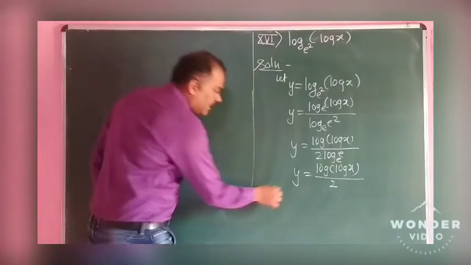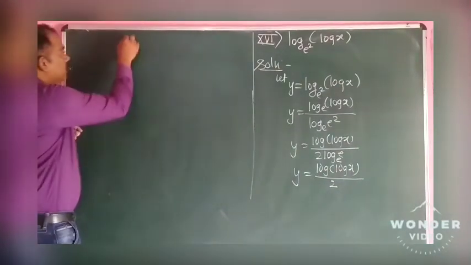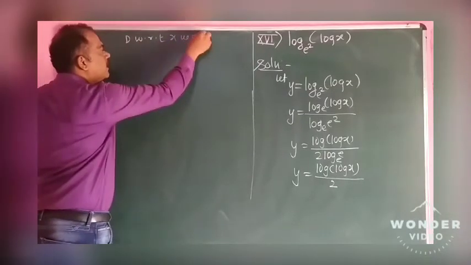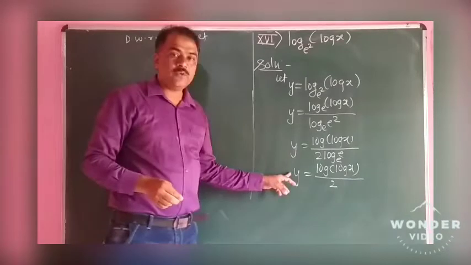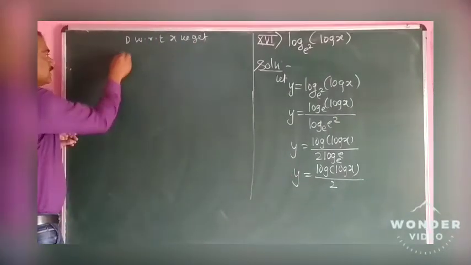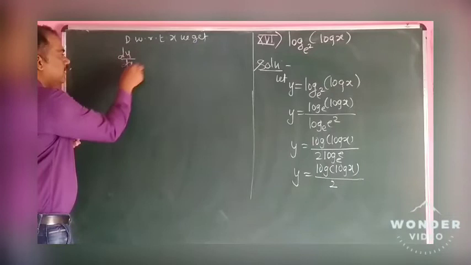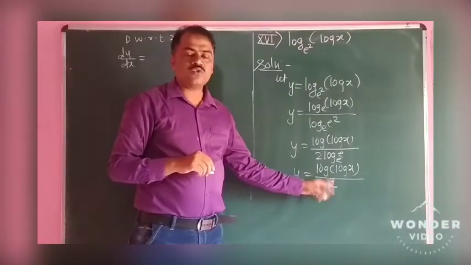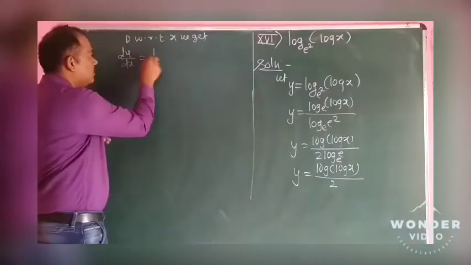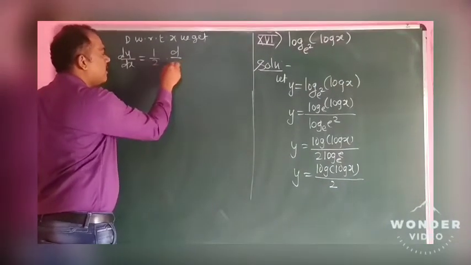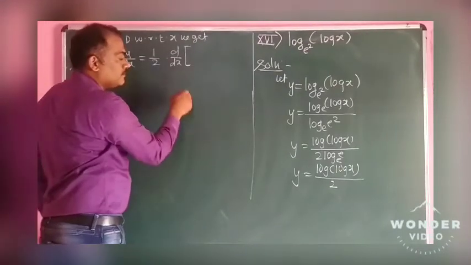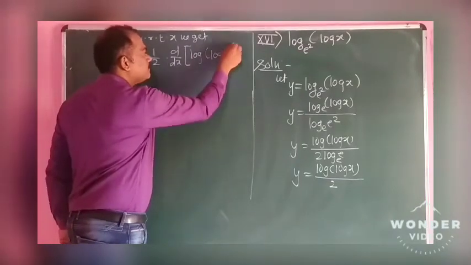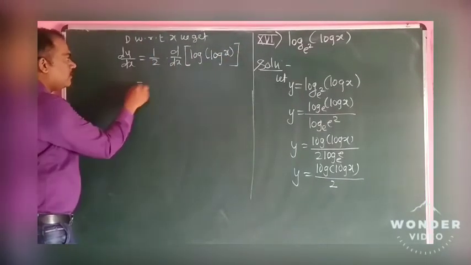Now we have to differentiate with respect to x. Differentiating y with respect to x, we get dy by dx is equal to 1 upon 2, which is a constant, so we take it outside the derivative, into d dx of log of log x.